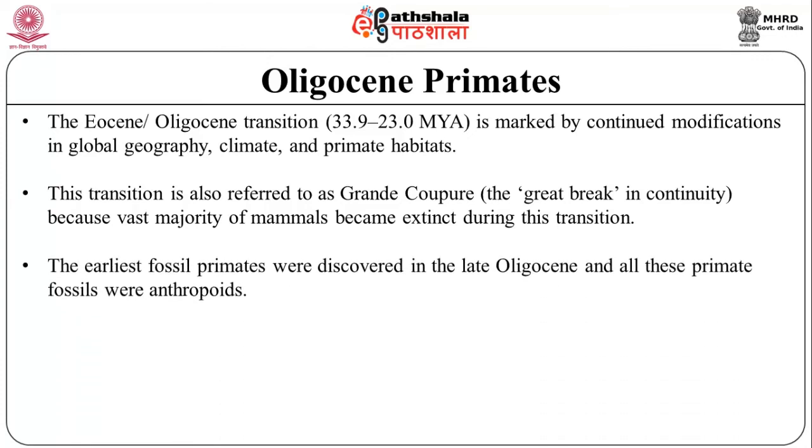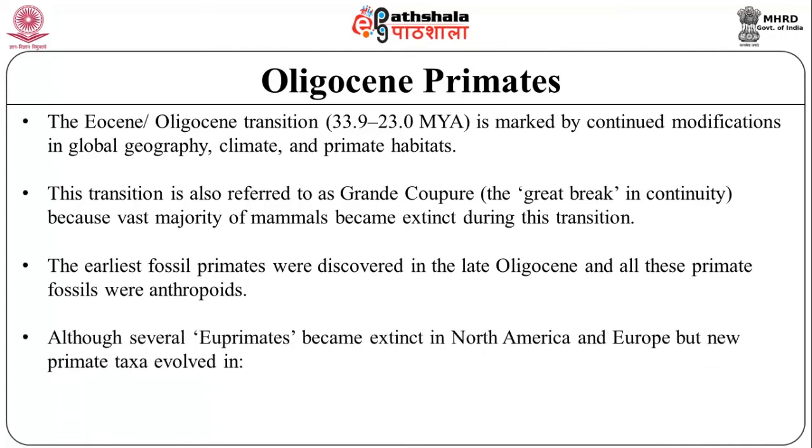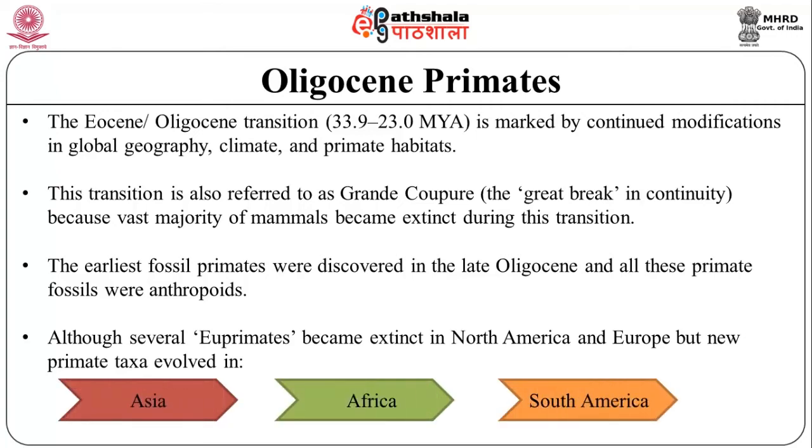The earliest fossil primates were discovered in the late Oligocene, and all these primate fossils were anthropoids. Although several euprimates became extinct in North America and Europe, new primate taxa evolved in Asia, Africa, and South America.